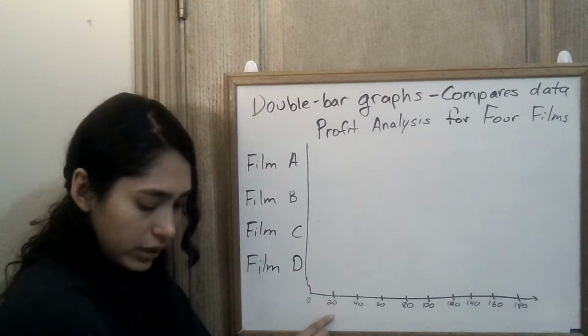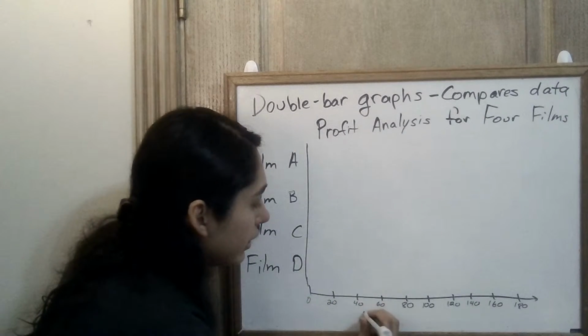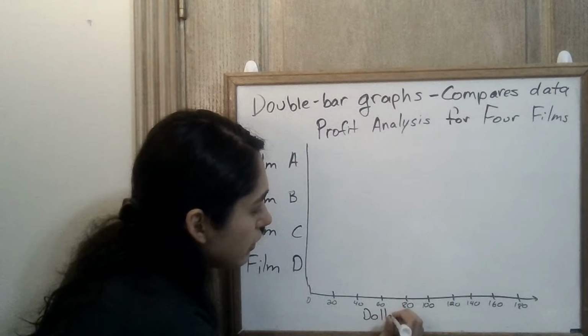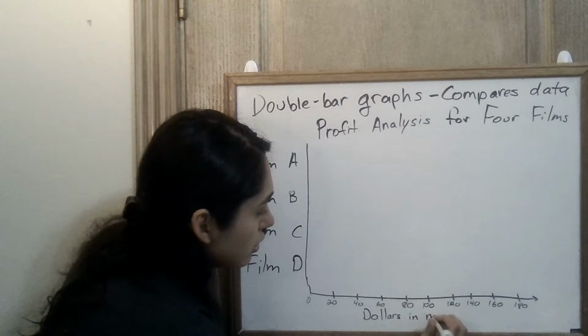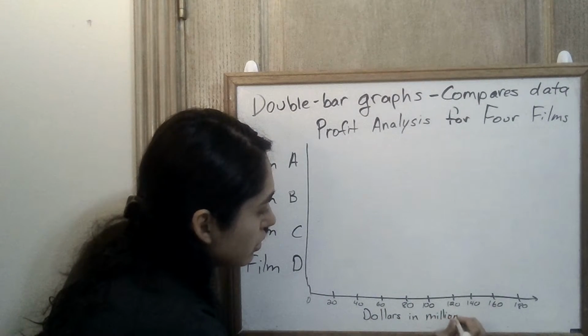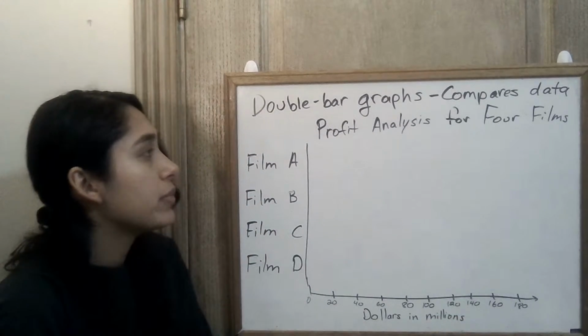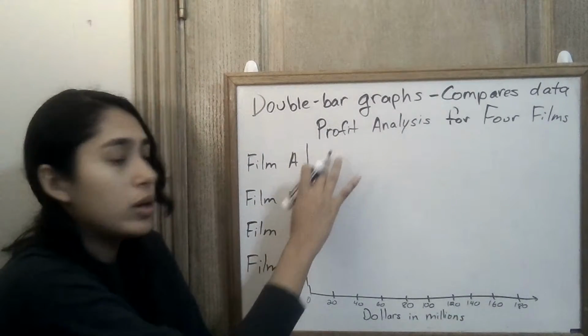Okay, and these values are dollars in millions. So we're going to be doing two different bars for each film.